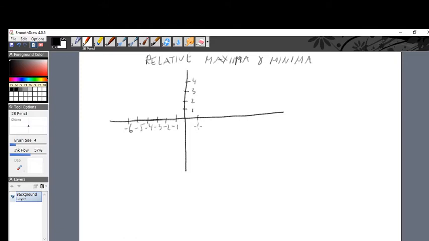You've got 1, 2, 3, 4, 5, 6. It's good enough. And over here, we've got -1, -2, -3, -4, -5, -6.